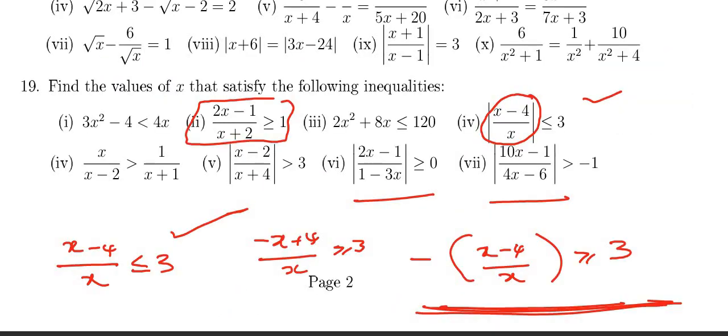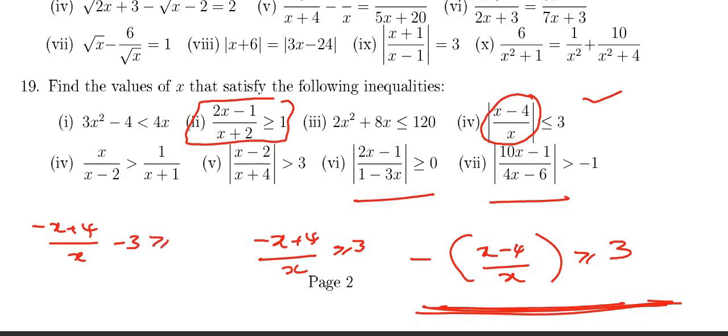Because here we'll just take the 3 to this side. Let me erase the side to try to solve it here. So it's going to be negative x plus 4 over x, then minus a 3, should be greater than or equal to 0. Then down, we're simply having x. This is minus x plus 4, then minus 3x, so greater than or equal to 0.